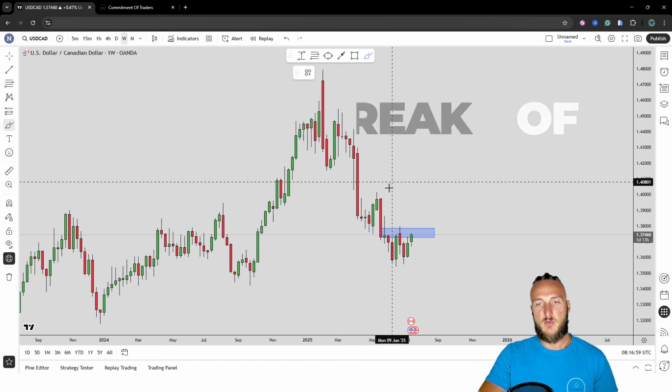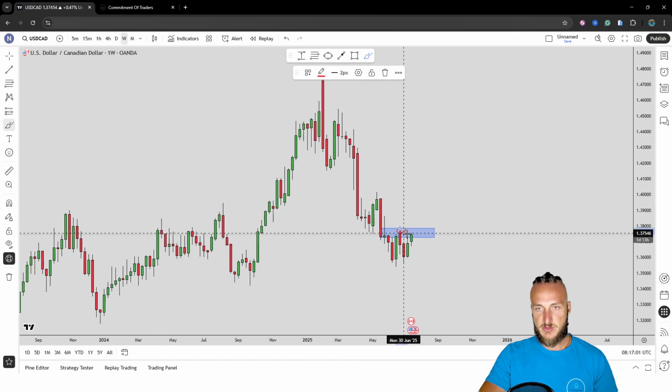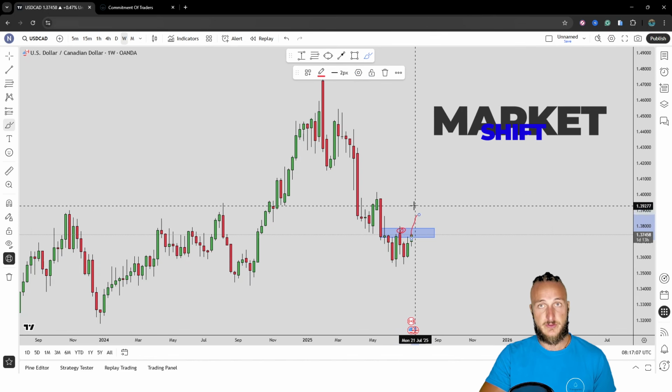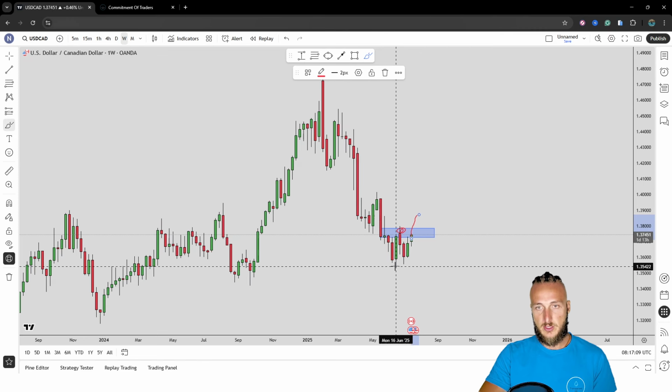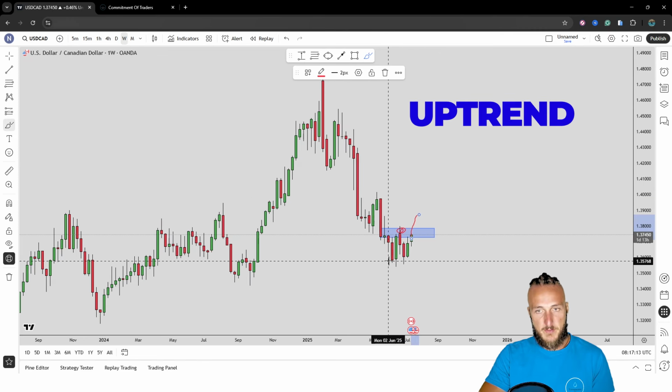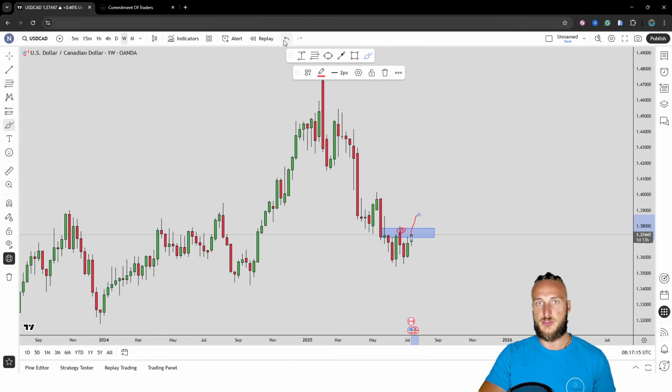Because if the market will manage to break above this previous resistance, then we will have a successful inversion of trend. So the market will have shifted from weekly lower lows and lower highs to higher highs and higher lows. So from a bearish trend to a bullish trend.